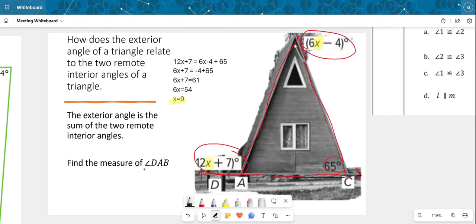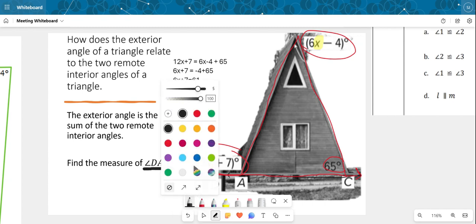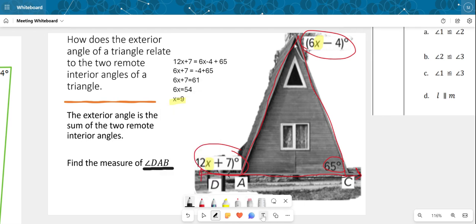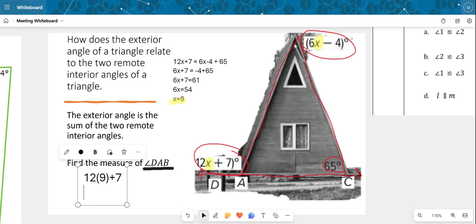Since we want to find the measure of DAB, we're going to do so by carefully plugging it in. Let's bring up our text tool. We'll go 12 times 9 plus 7. We're just finding out what that is. Well, 12 times 9 is 108, plus 7, 115.